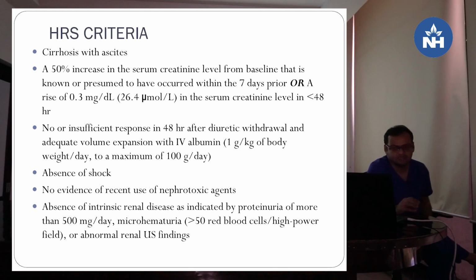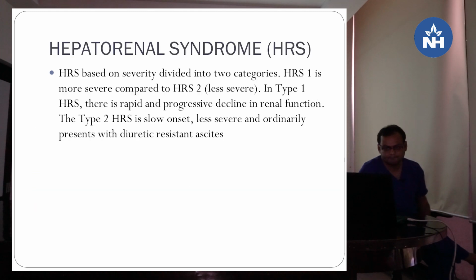There is no or insufficient response 48 hours after diuretic withdrawal and adequate volume expansion with IV albumin. Absence of shock, no evidence of recent use of nephrotoxic agents, and absence of intrinsic renal disease as indicated by proteinuria of more than 500 mg per day, microhematuria or abnormal renal ultrasound.